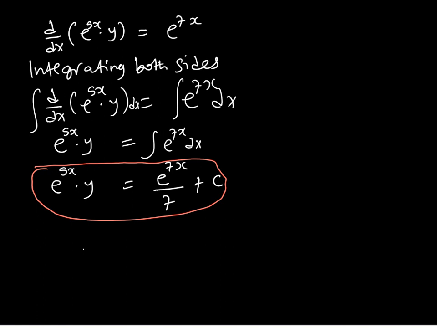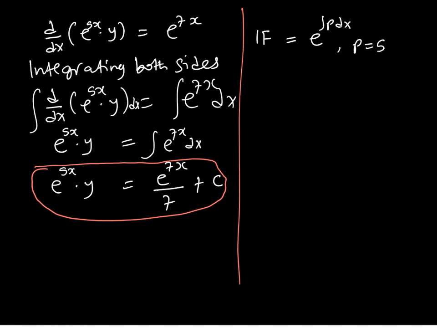Now there is a point which must be emphasized when you're talking about this. We say that the integrating factor is e to the power integral of p dx, and in this case our p was equal to 5 in the example we have just solved.